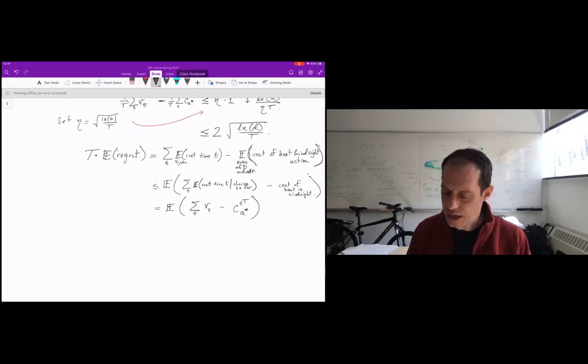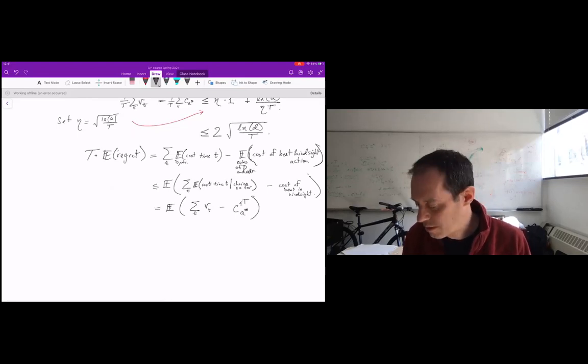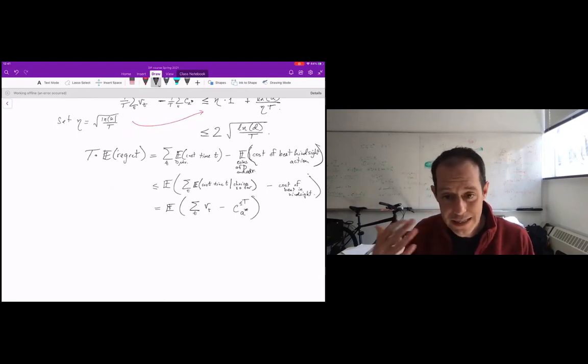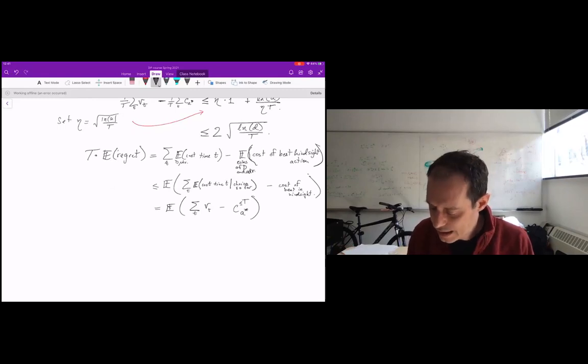Vt is a random quantity, A star is a random quantity that depends on the particular execution, but by linearity of expectation, it works out. And the cool thing is, this is actually bounded with probability 1.